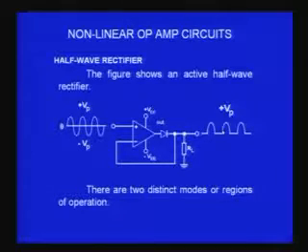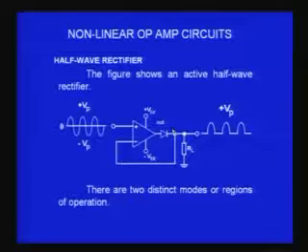Anything beyond 7 microvolt, the output will follow exactly the same as the input, and therefore what I will be left with, if I look at the oscilloscope, will be a half wave rectified signal with the amplitude starting even from 7 microvolt.